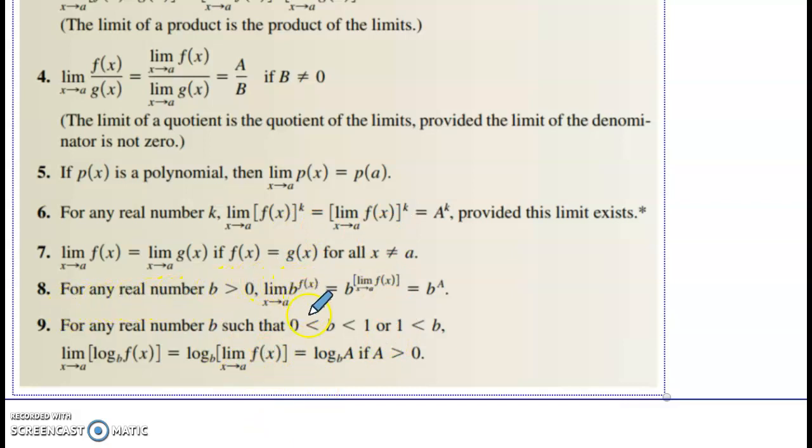And this is about raising to an exponent. If you have the limit as x approaches a of some number raised to a function, you can just take the limit of that function and then raise b to it.